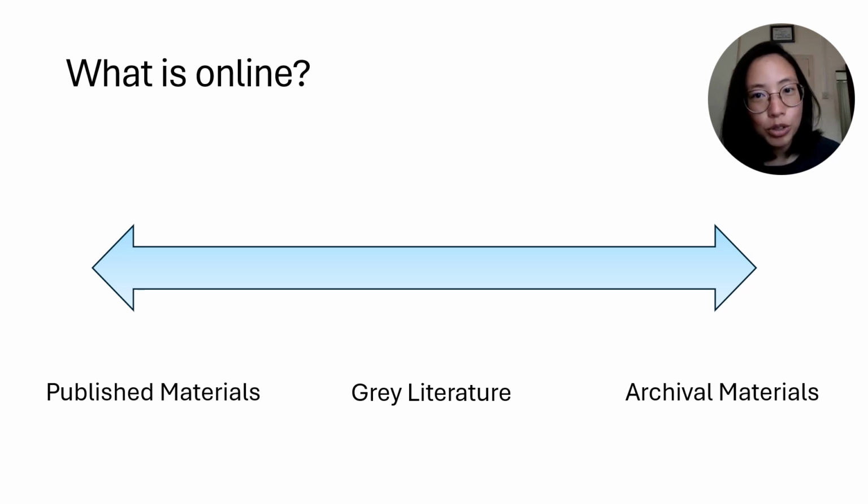Gray literature often includes technical reports, working papers, policy documents, and so on and so forth. To be clear, you might be able to discover some of them in your university's library, or the authoring organizations. However, they are not as visible and accessible as the fully published materials.